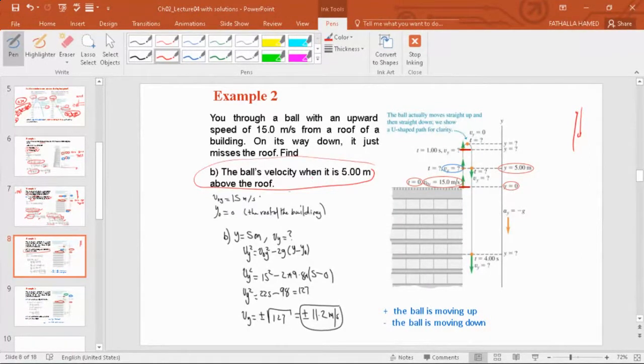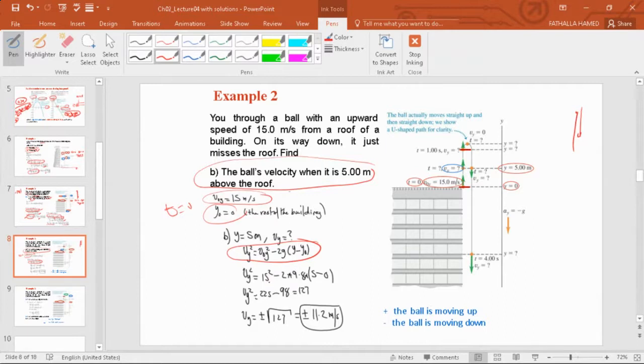Now, your Vy initial is 15, and your Y initial is 0. That's at t equal to 0. Now, you're going to use the equation that relates both velocity and position. Vy squared equals V0y squared minus 2g times (y minus y0). Your Vy squared is what you're interested in.